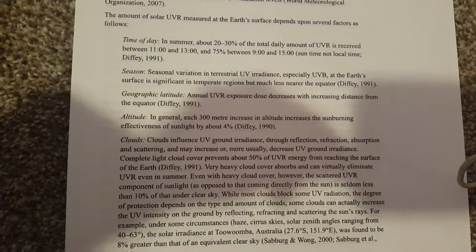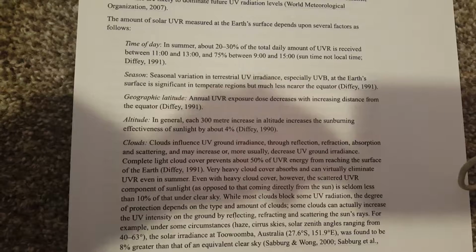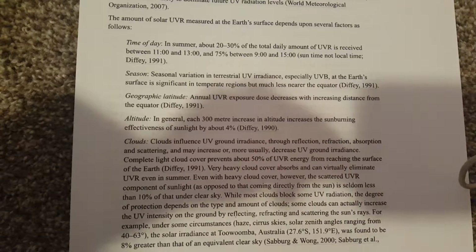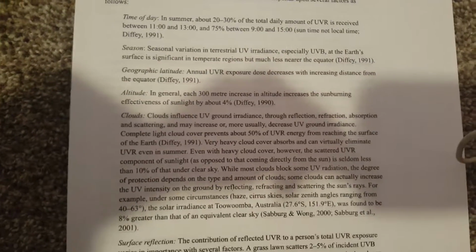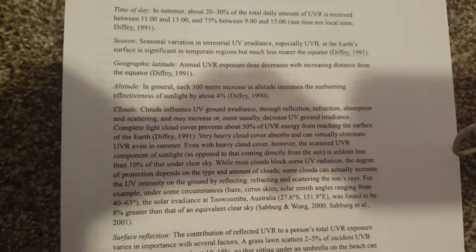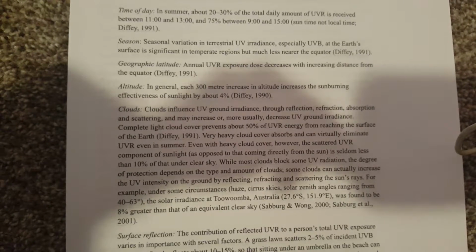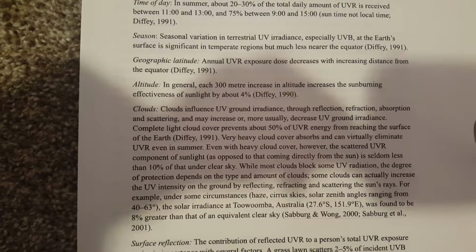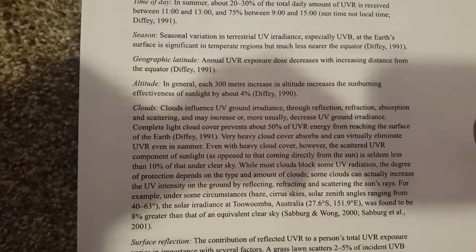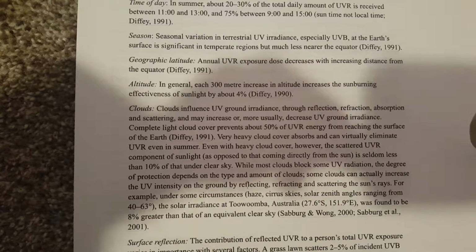Season: seasonal variation in terrestrial UV irradiance, especially UVB, at the Earth's surface is significant in temperate regions, but much less nearer the equator. Geographic latitude: annual UVR exposure dose decreases with increasing distance from the equator. Altitude: in general, each 300-meter increase in altitude increases the sunburning effectiveness of sunlight by about 4%.